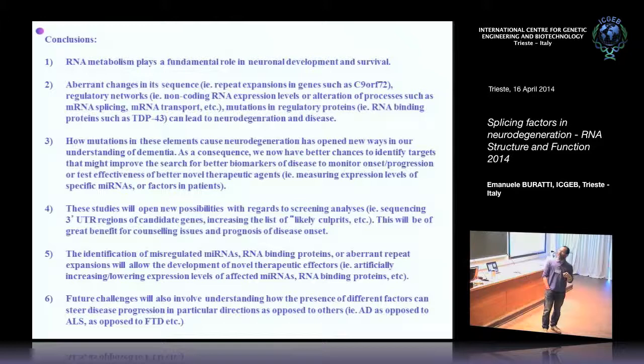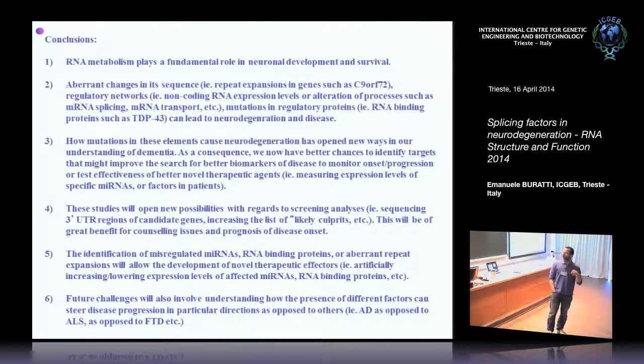Of course, once you know the names, you can start to see the connections between TDP-43 and all the other players, to see which genes are mostly affected and which genes are mostly involved with neurodegeneration. You can look for mutations, which will give you a better idea for the screening analysis. You can look for people who are at risk of developing the disease.